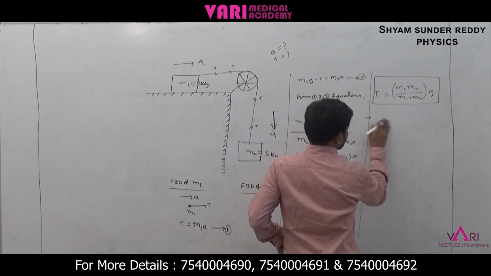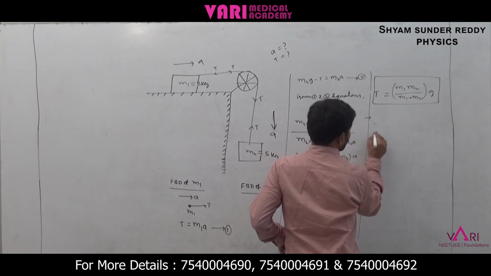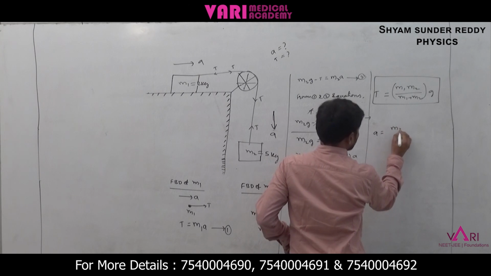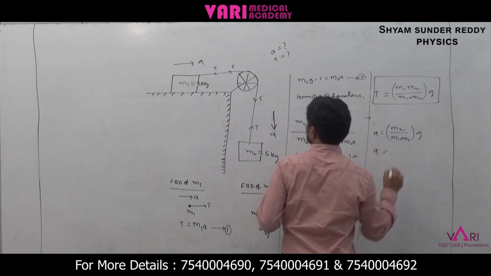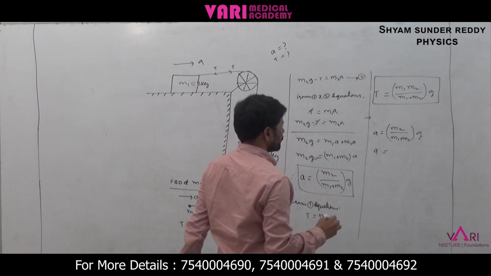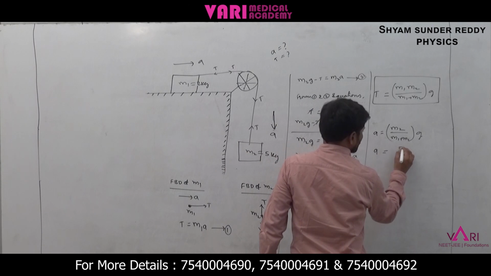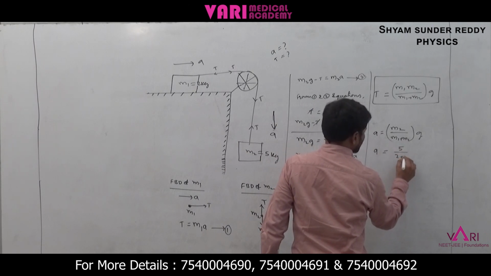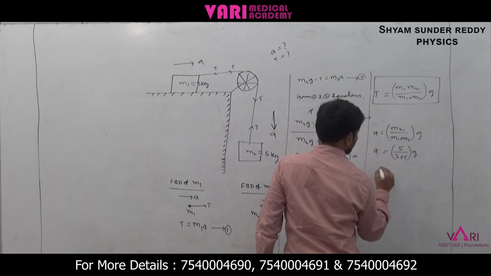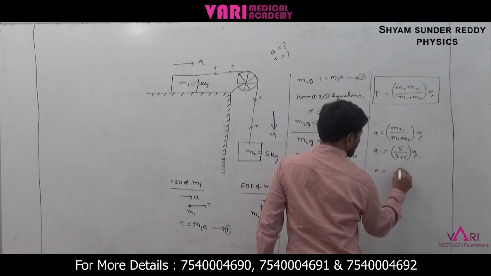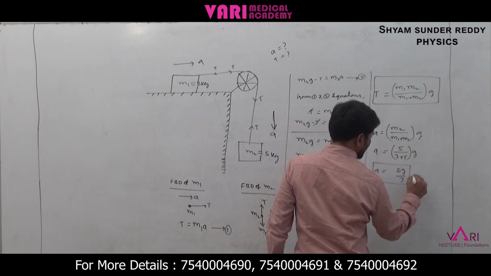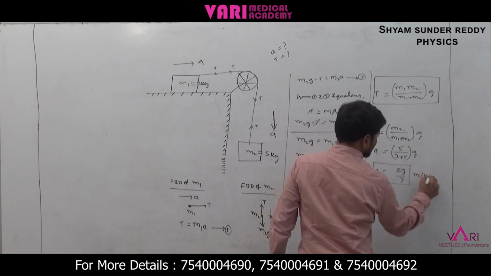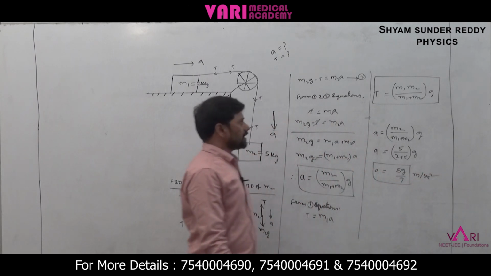A is equal to M2 by M1 plus M2 into G. A is equal to 5 by 2 plus 5 into G. This is A is equal to 5G by 7 meter per second square.